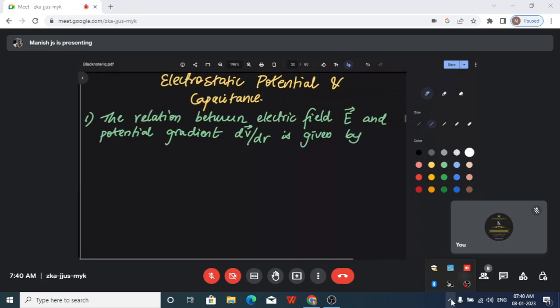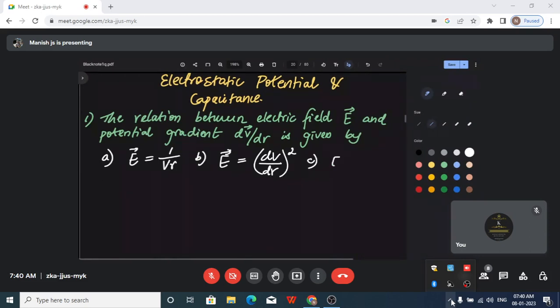So options. Option A, E is equal to 1 upon VR. Option B, vector E is equal to dV upon dr the whole square.